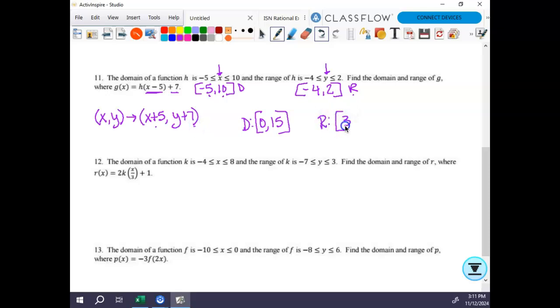This is going to give me 3 and 9. Just moved it up. Okay, so I'm going to rewrite these as well. -4 to 8. Why do I keep doing that? This is x, so this is my domain. And then -7 to 3. This is y, so this is my range.